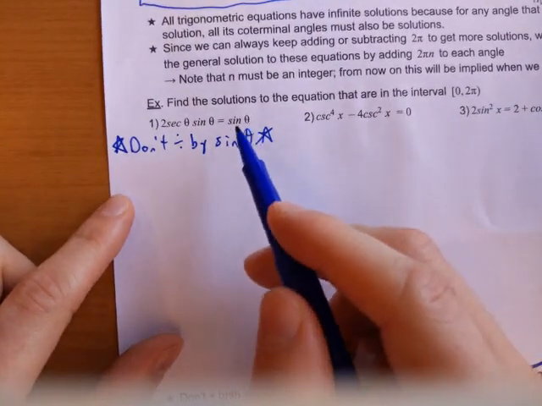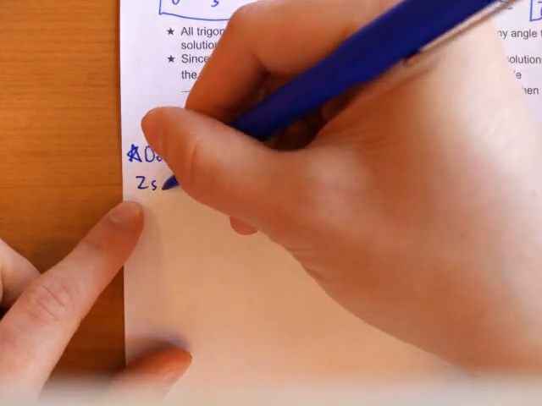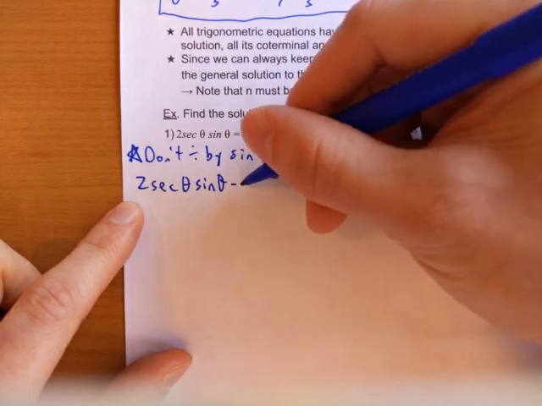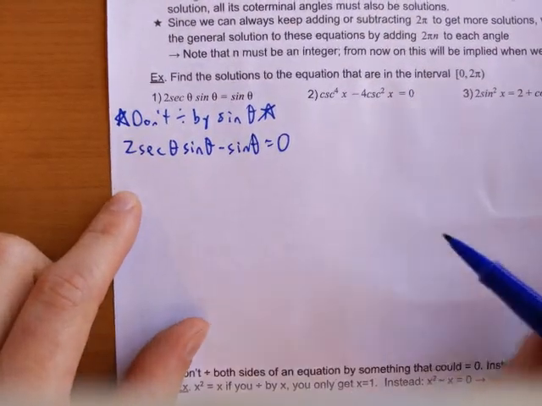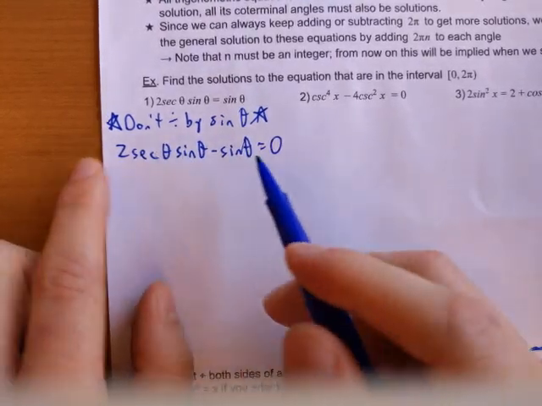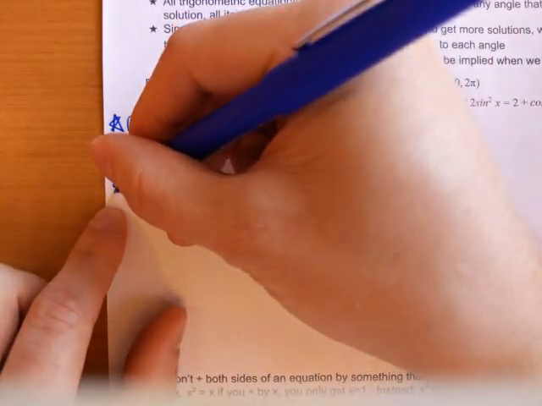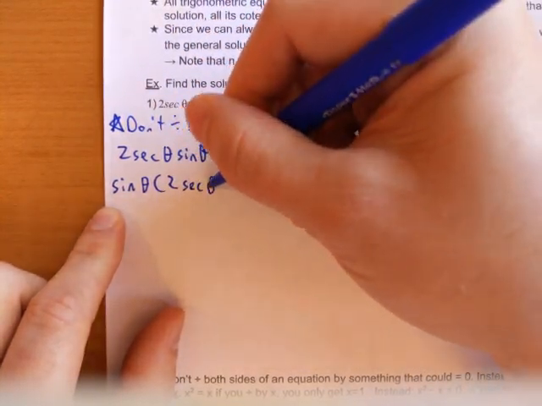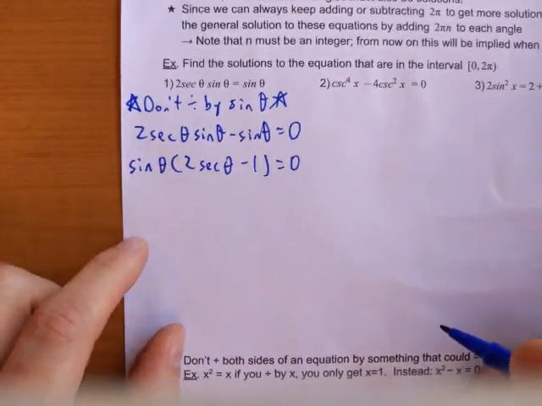All right? So to make it equal to 0, we have to subtract that sine of theta over. We'll have 2 secant theta sine theta minus sine theta equals 0. And then to factor that, we've just got a GCF, sine theta, that we can pull out. So we've got sine of theta times 2 secant theta minus 1 is 0.